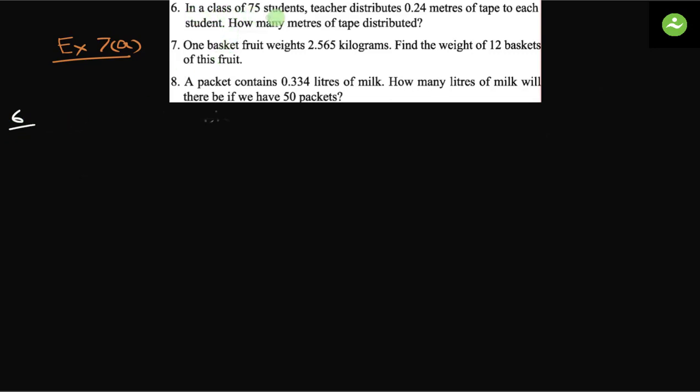In a class of 75 students, the teacher distributes 0.24 meters of tape to each student. How many meters of tape are distributed? When we solve this problem, we look at the question and try to identify the quantity which we have to find out. Here, how many meters?